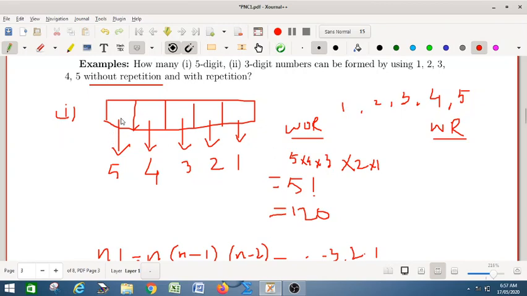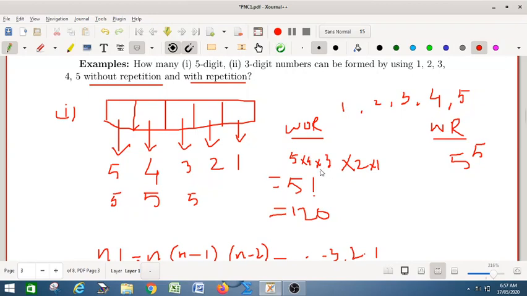Now with repetition, for the first place you have 5 ways, and for the second place you again have 5 ways, because with repetition you can repeat the digit already used in the first place. Again in the third position you have 5 ways. So in this way 5 into 5 into 5 into 5 into 5, that is 5 to the power 5 ways for the with-repetition case. Clear?